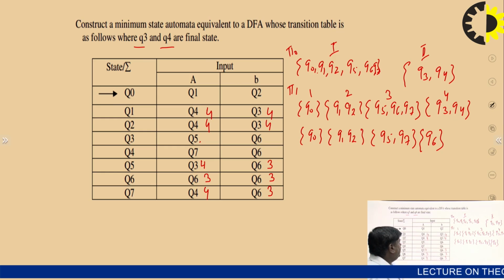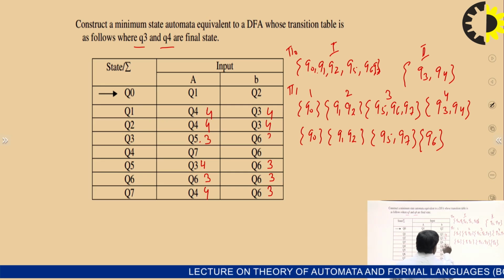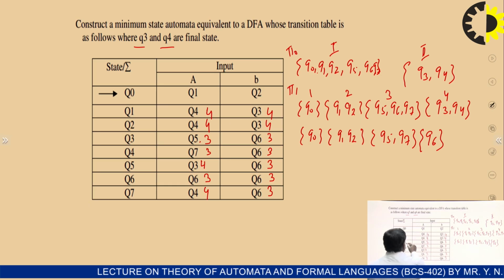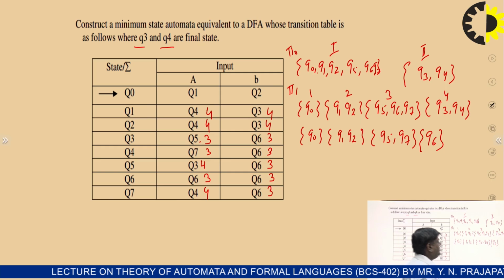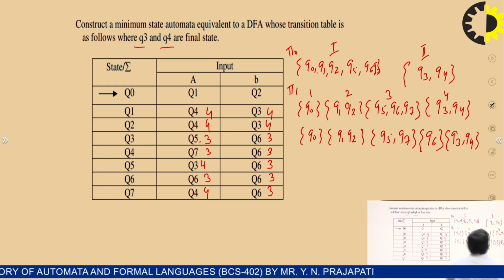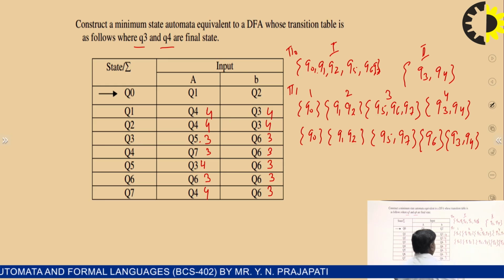And Q3 and Q4, check. Q5 is in set 3, Q6 again 3 and 3, and Q7 here is 3. It means Q3 and Q4 again have similar behavior, so they lie in the same set. Now this is known as the third iteration.